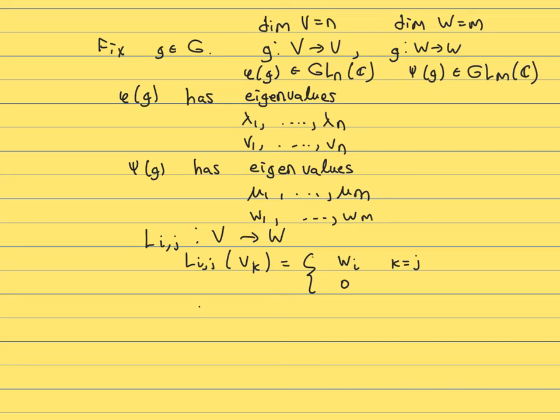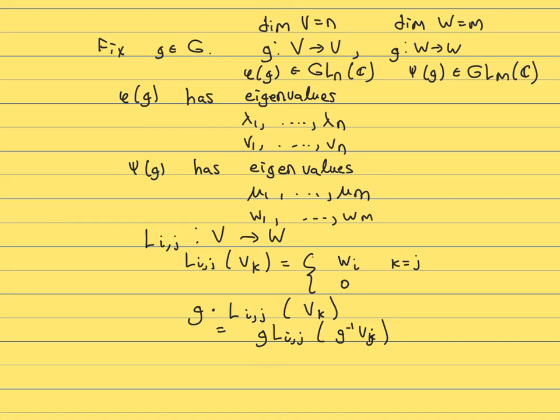We can see what happens when we act on it by g. What are we going to get? We're going to get g times L_ij, g inverse v_k. Well, just any v actually, but let's just go ahead and put v_j for right now.